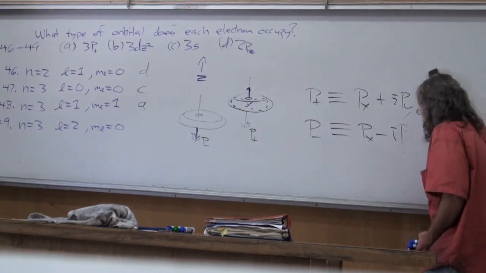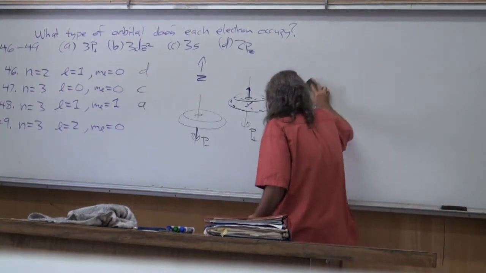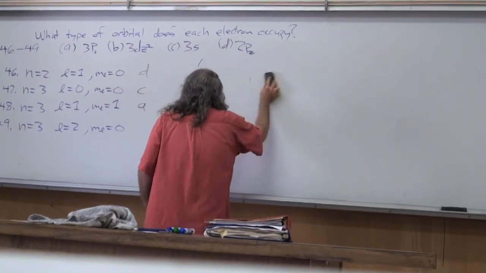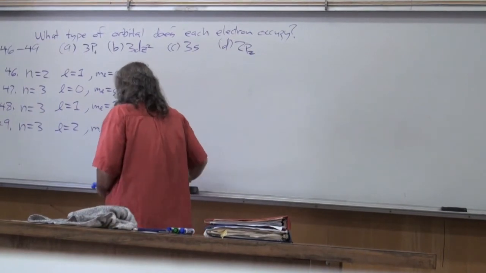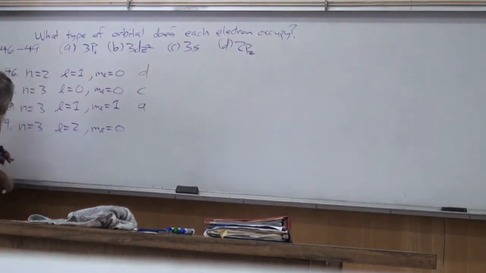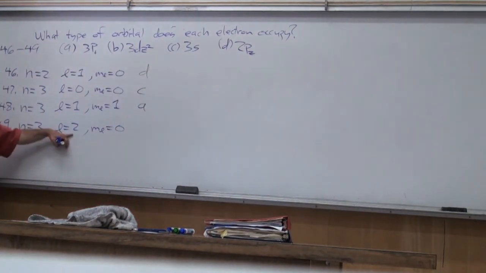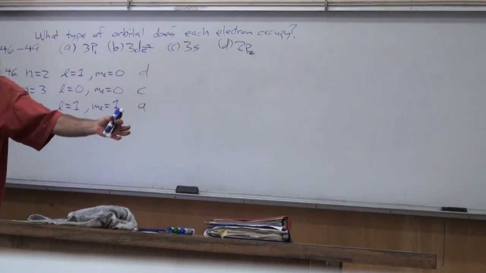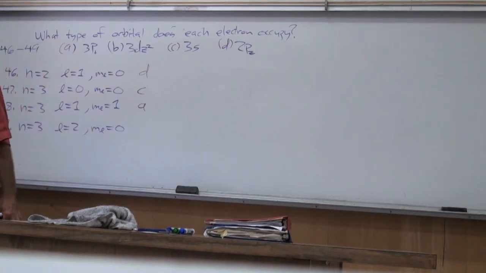Okay, now, last but certainly not least, n equals 3, L equals 2. What does L equal 2 correspond to? A d orbital. m sub L equals 0 means it's the only one we can say for sure, the dz squared.